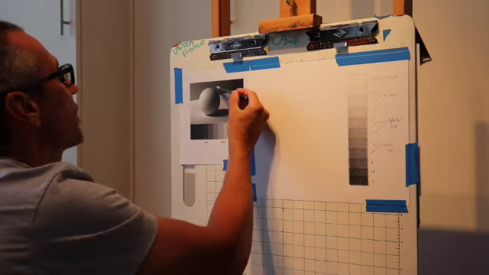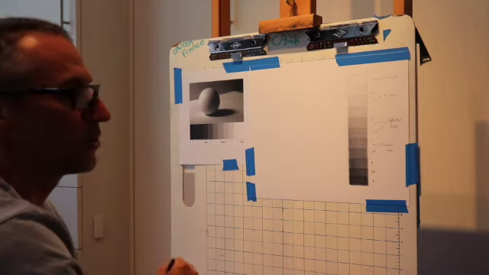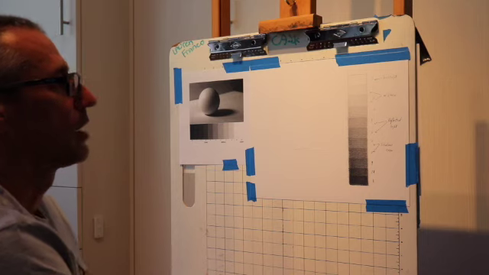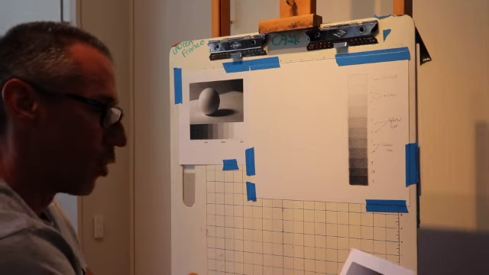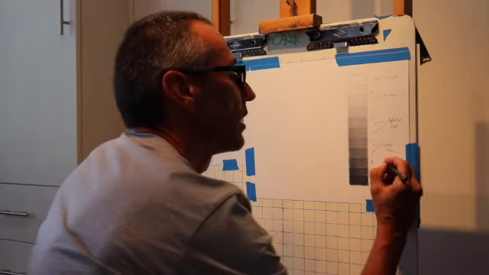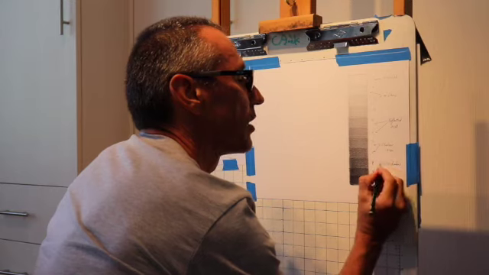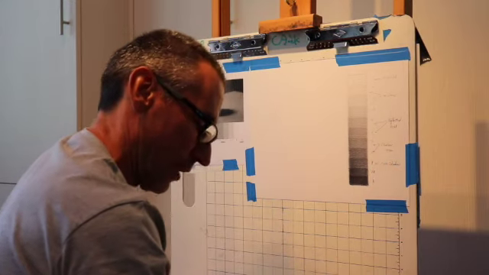And we can see there's like a band that runs across. When we get into the sphere, I will point that out more. And that core shadow is going to be, in this case, value number 9 because we are doing an 11 value scale.